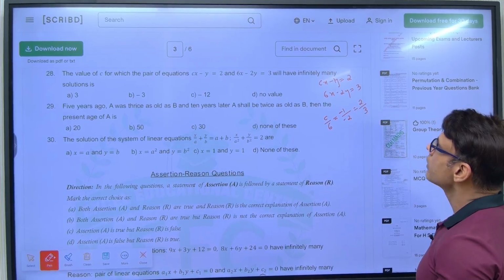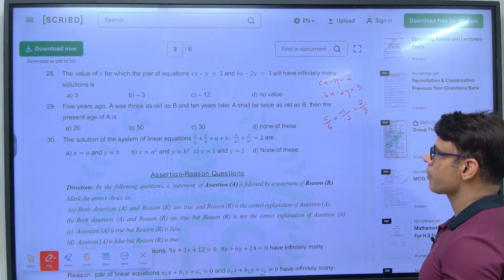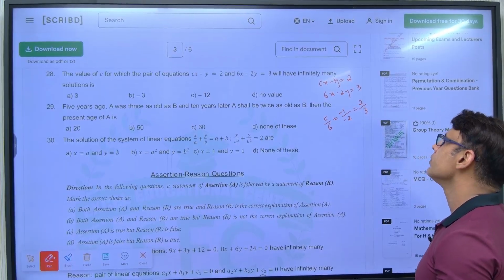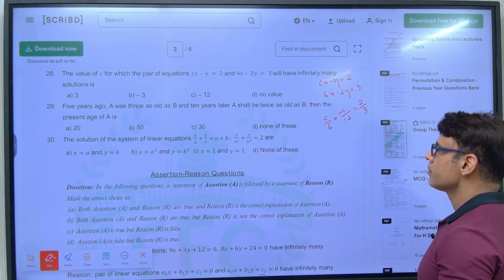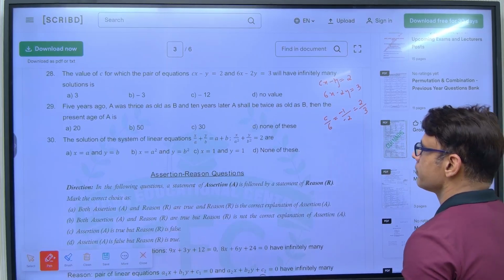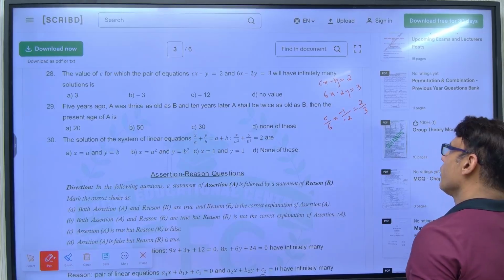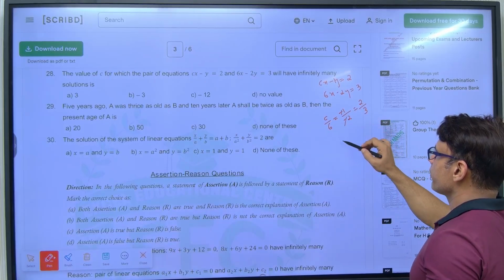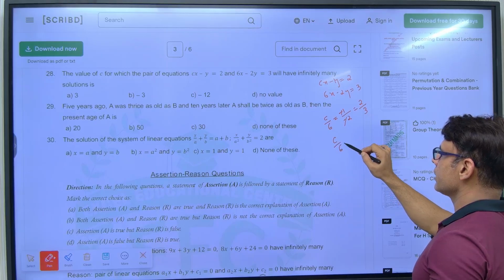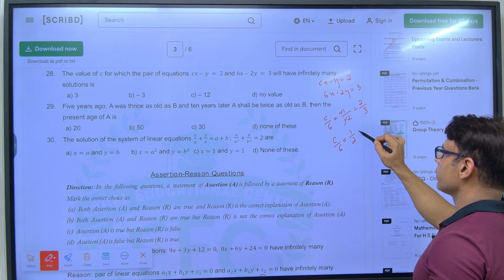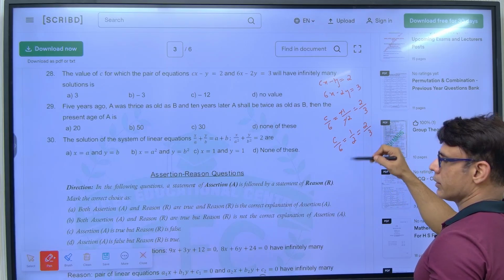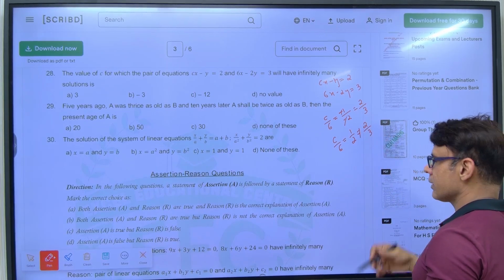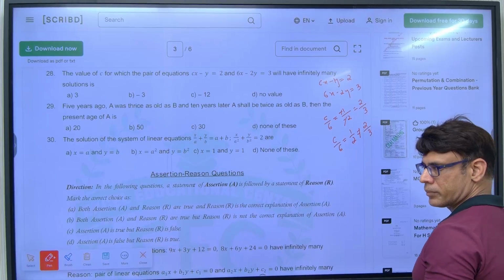2/3. Something is wrong in the question. Not possible. No value exists, and I'll tell you why. All of them have to be equal. c by 6 should be equal to 1/2, should be equal to 2/3. But this is not equal to 2/3 at all.